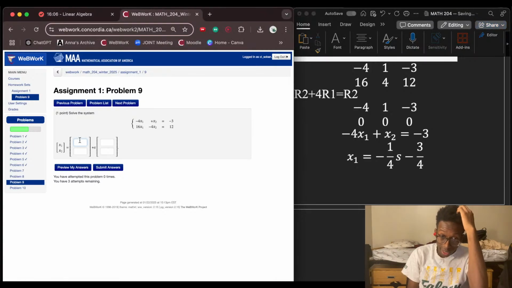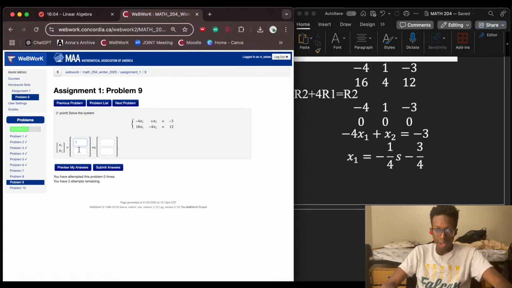So for the particular solution, you would put in 1 for this, and then 0 for this, no, you would put negative 3/4 for this, and then you would put s as negative 1/4, and for this one, you would put just 1.